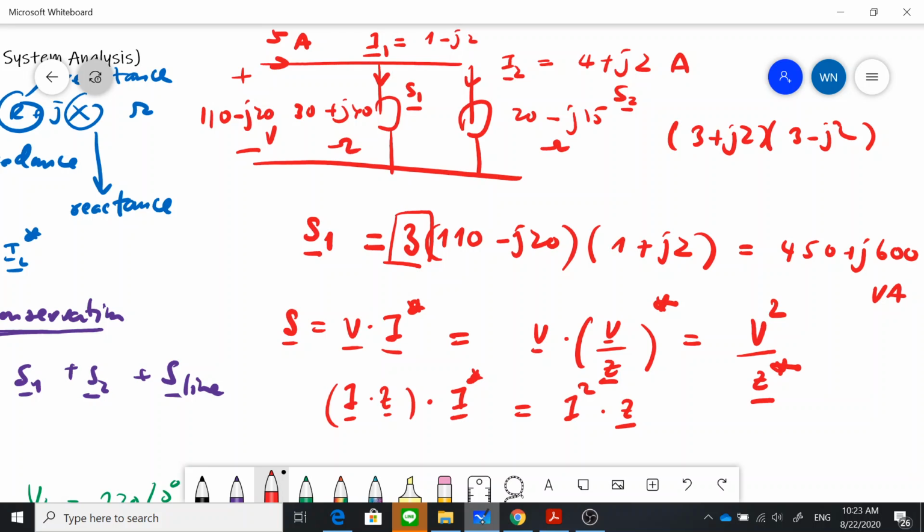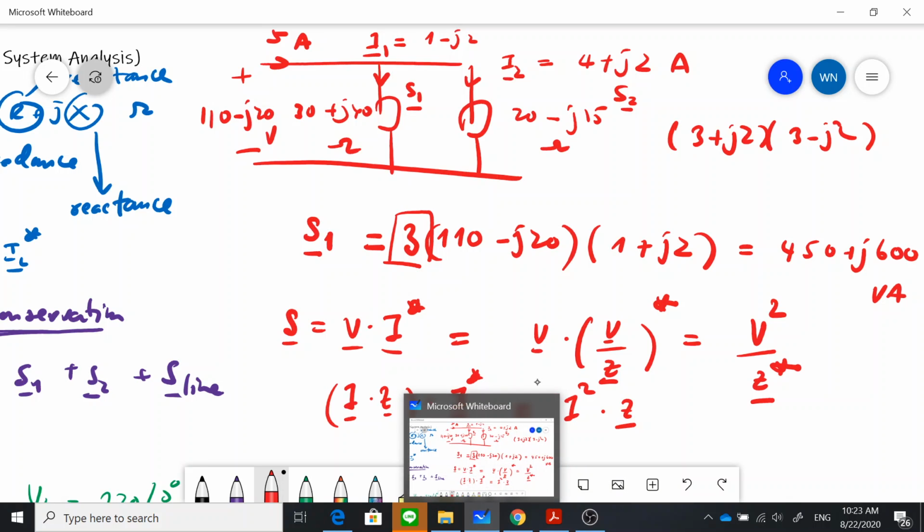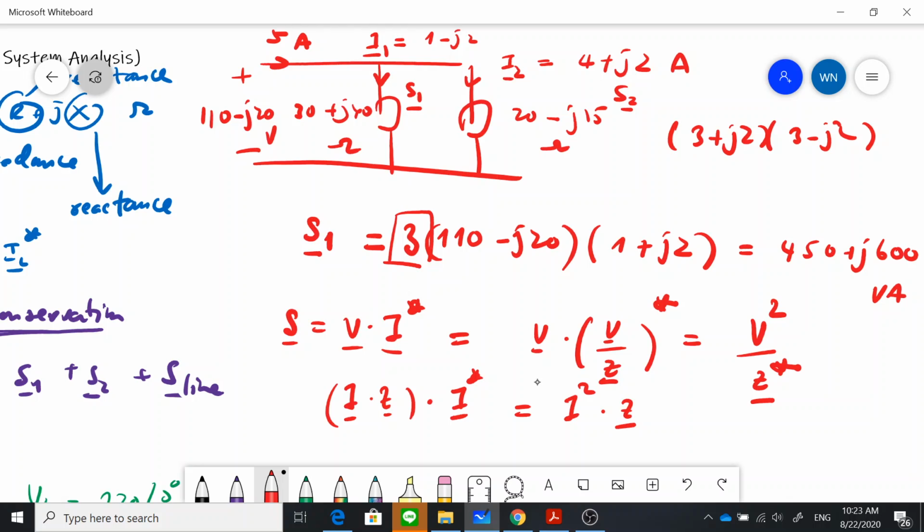So in summary, when you need to compute the complex power, all these are complex. Just remember this way: when you have V squared, if your V is complex, it becomes just a magnitude squared, but wherever you have the Z here, it becomes the Z conjugate.